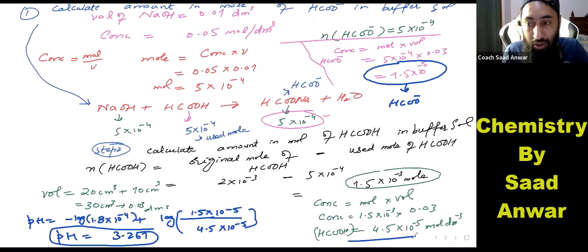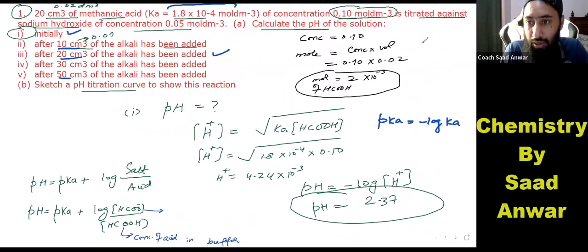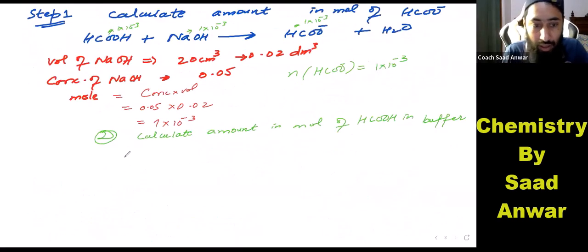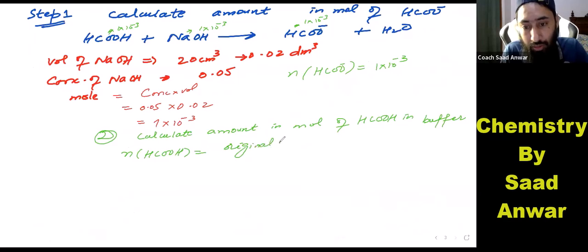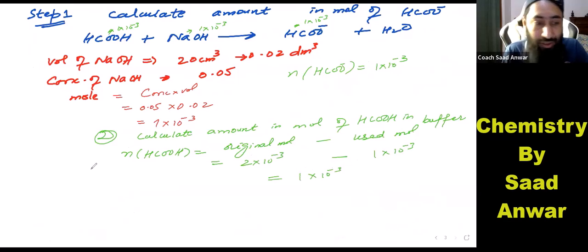We have calculated this before, where I calculated 2 into 10 raised to power minus 3. So moles of formic acid in the buffer solution is original mole minus used mole, or you can say the moles reacted. Original mole is 2 into 10 raised to power minus 3. Used mole is 1 into 10 raised to power minus 3. The leftover mole is 1 into 10 raised to power minus 3.